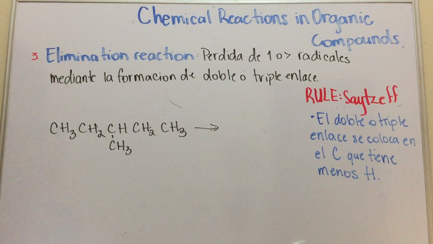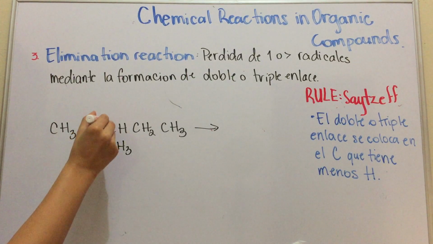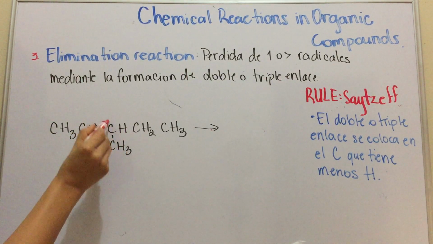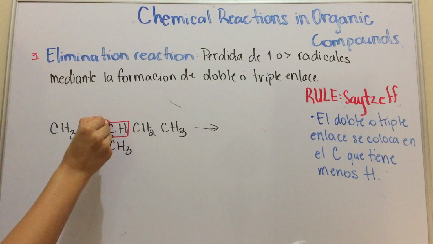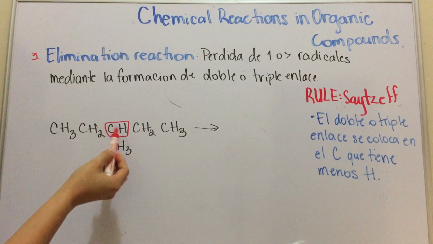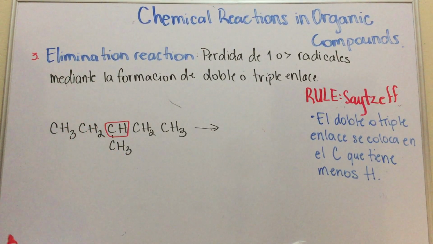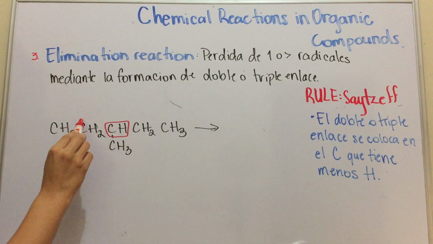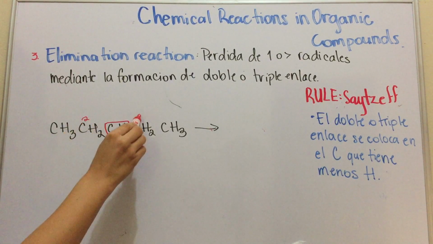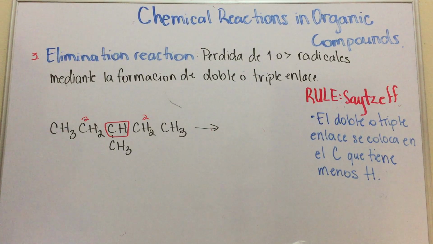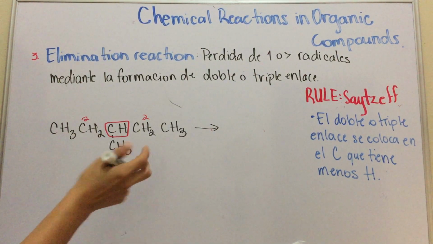But in this case, we have 1 carbon. This is the carbon that has the least number of hydrogens, so I'm going to grab this carbon, right? And it's bonded to that hydrogen, so that hydrogen is going to disappear. And we have one that has 2 hydrogens here, and the other one that has 2 hydrogens here. So in this case, we can either put the double bond on this side or on that side, all right?